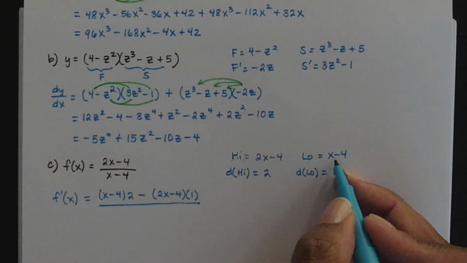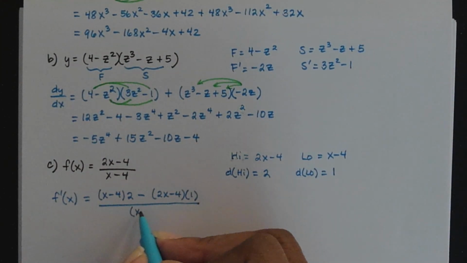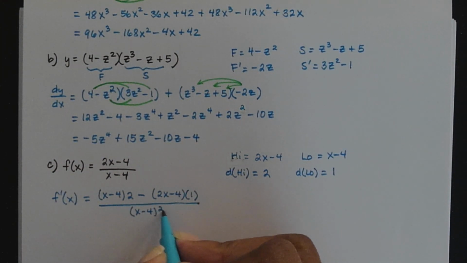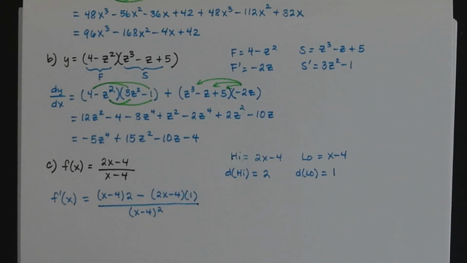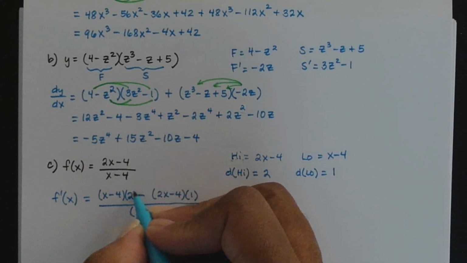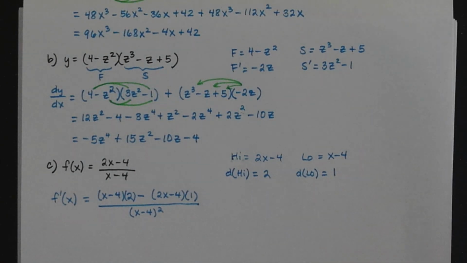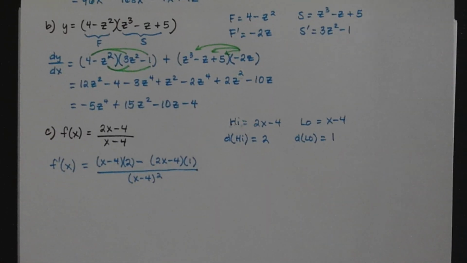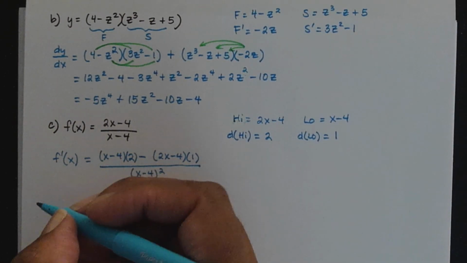The whole thing is divided by the square of the low, which is x minus 4, quantity squared. And I'll go ahead and put the 2 in parentheses. And from here we just find that derivative.